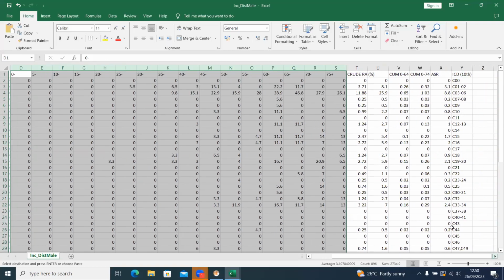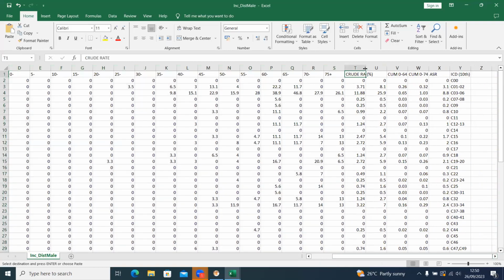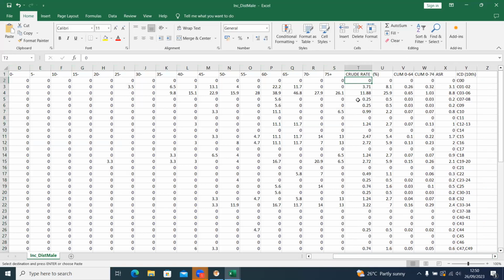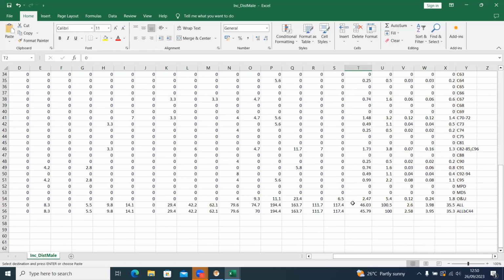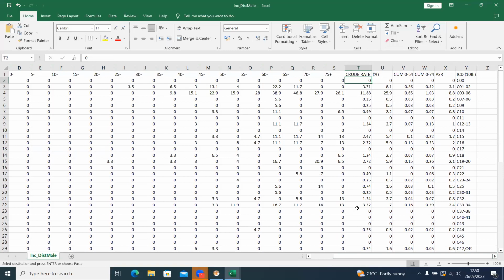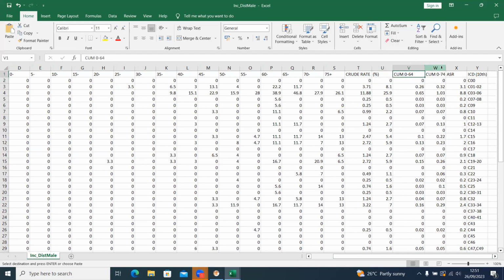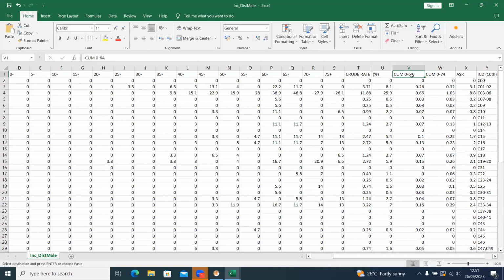Next, we will go and check what is the next column, that is crude rate. So here you have the crude rate, which we have learned in the previous class, how to calculate the crude rate. Next is the percentage out of the total cancers. After that, we have cumulative rate for 0 to 65 and 0 to 75.